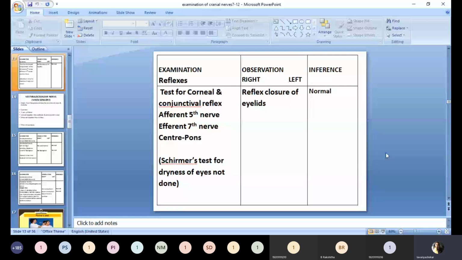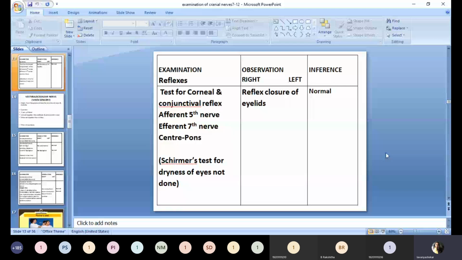So these are the various tests to test for the facial nerve. Let's summarize quickly. First you are going to take the history of hyperacusis, and whether there is any dribbling of saliva from the mouth.